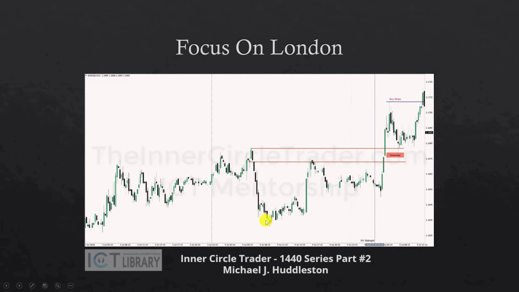Price trades lower, clears all the stops, then goes above this high, and trades back down into the London Open kill zone. This would be your buy right in here, aiming for the buy stops as a run on liquidity. So your opportunity would be buying here on the bullish breaker with a run to the buy stops, and that's all you would necessarily look for in the London Open kill zone, and your day would be done.